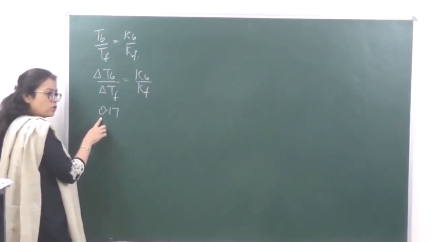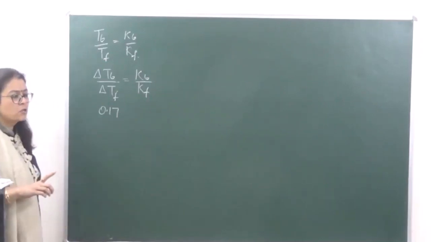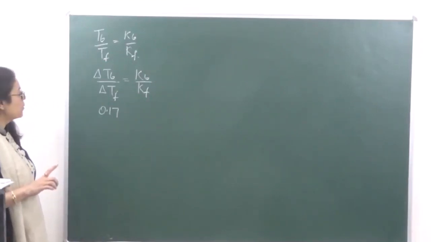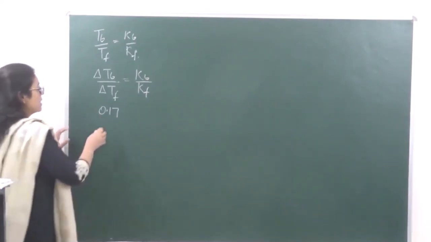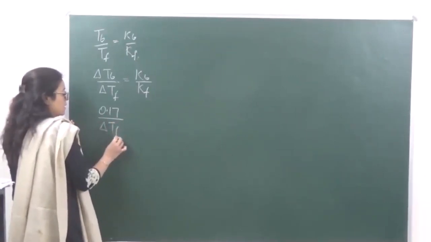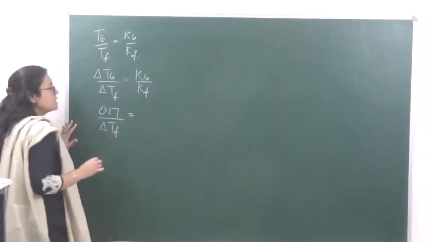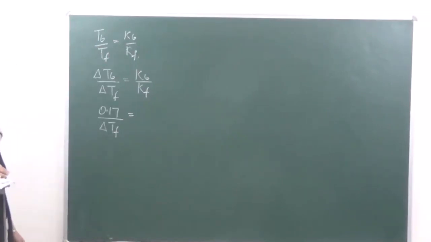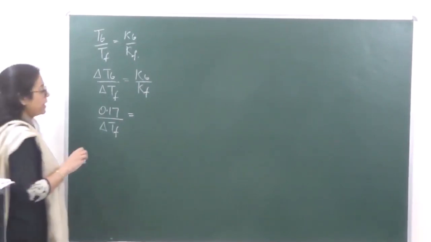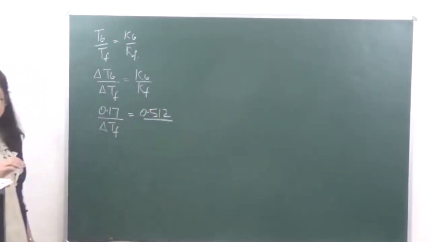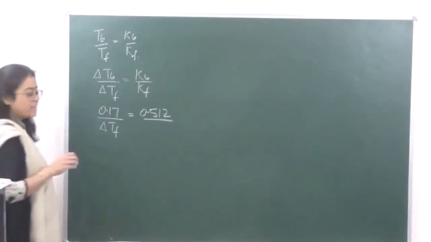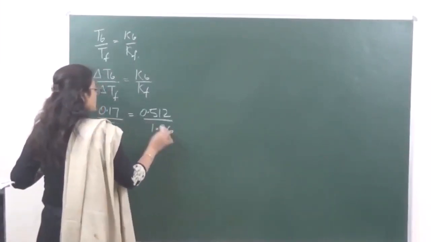So it is an aqueous solution. Therefore the boiling point of water is taken to be 100. Right? So 100.17 minus 100 will give us delta Tb, which is 0.17, divided by delta Tf, that is equal to Kb, given to us in the question as 0.512, and Kf is given as 1.86.